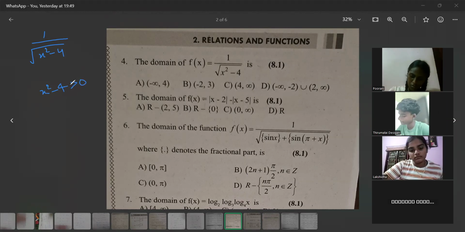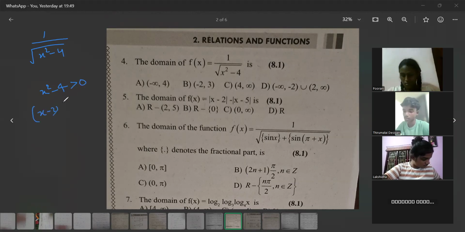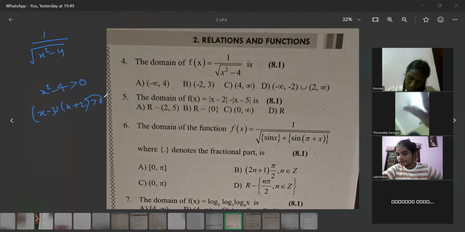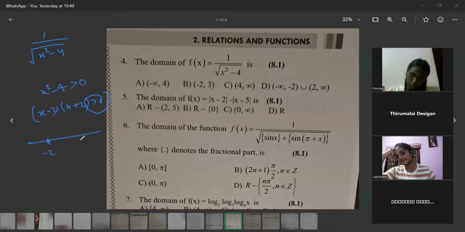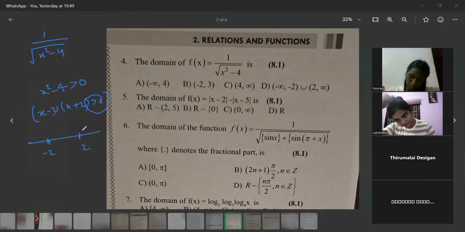So x square minus 4 should be only greater than 0. Factorize this, x plus 2 and x minus 2, greater than 0. It is a quadratic inequality with greater than, so the answer will be beyond the roots. Minus 2, plus 2, the answer will be beyond the roots: 2 to infinity, and minus infinity to minus 2. This will be your answer. So D option is correct.